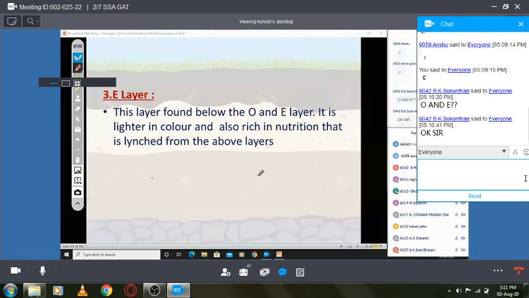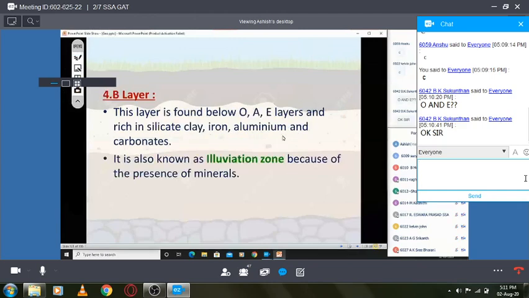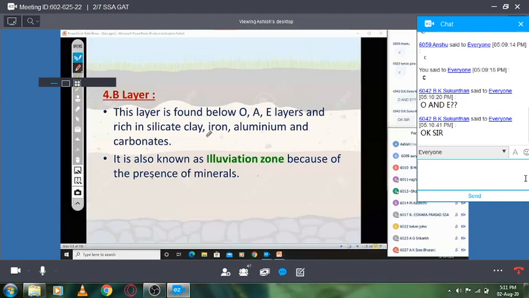Let's go to the fourth layer. This layer is found below the O, A, and E layers.